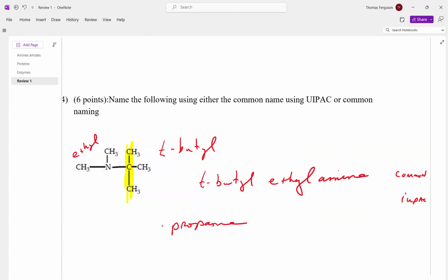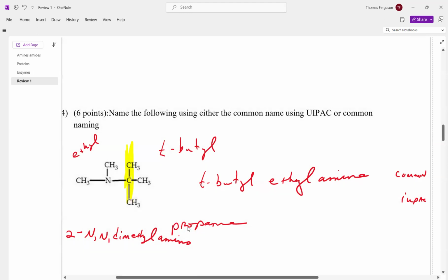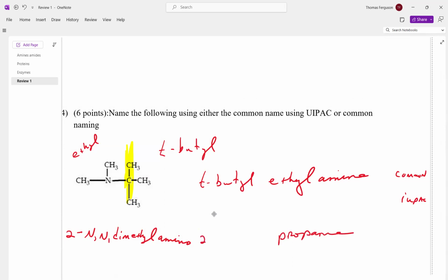So it's going to be 2-N,N-dimethyl amine, or amino, and 2-methylpropane.